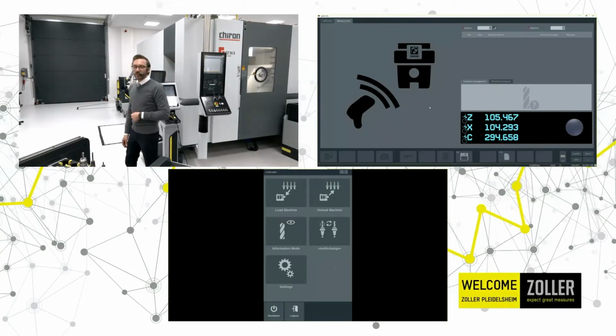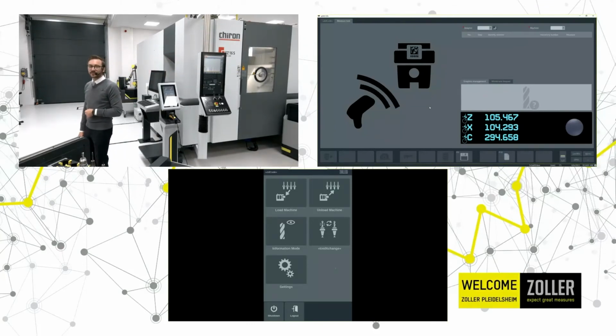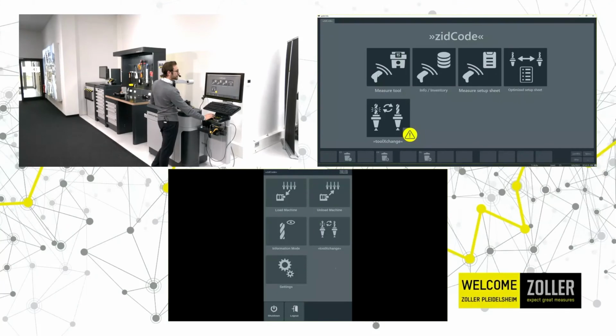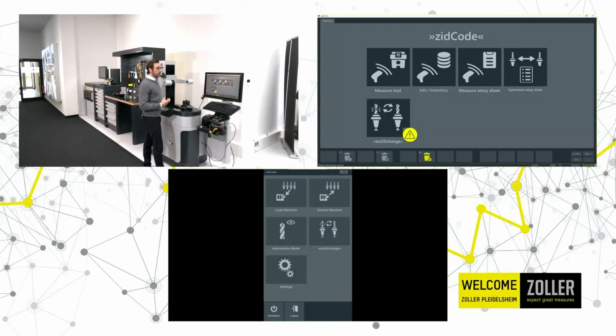So we are moving to the presetter. Wrong camera, doesn't matter. So we are moving to the presetter here, and let's see what happens. Same module, Z.code module, and here we see there is a hit, like a warning signal.